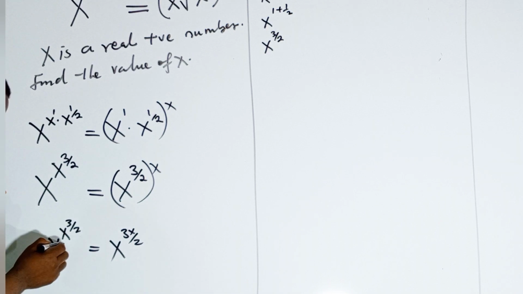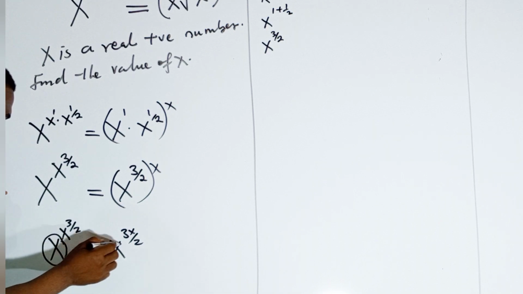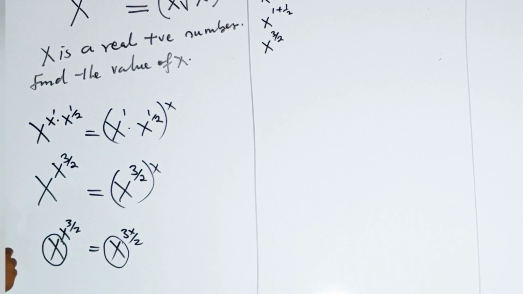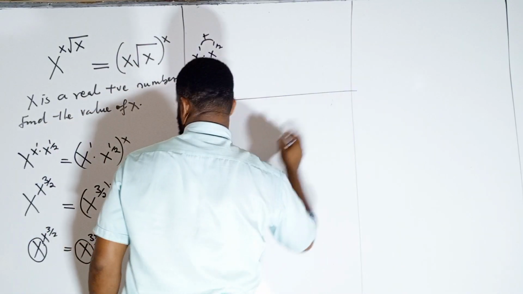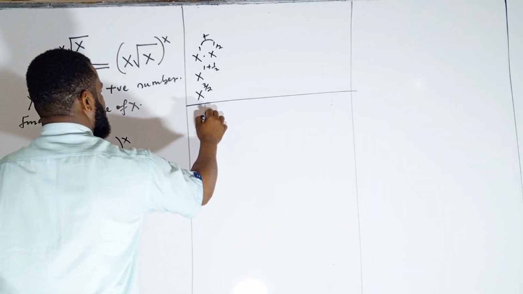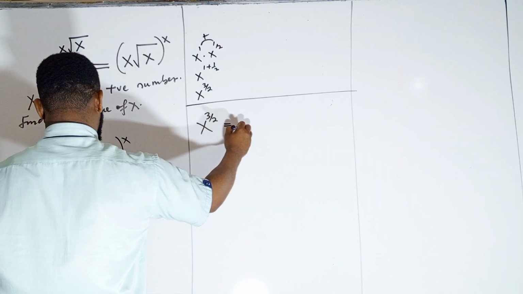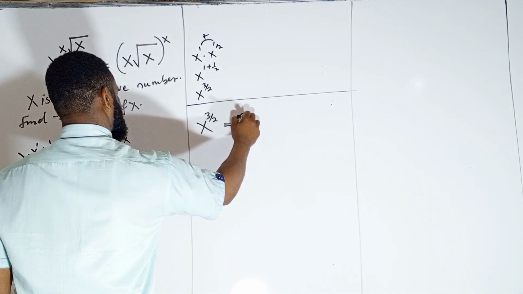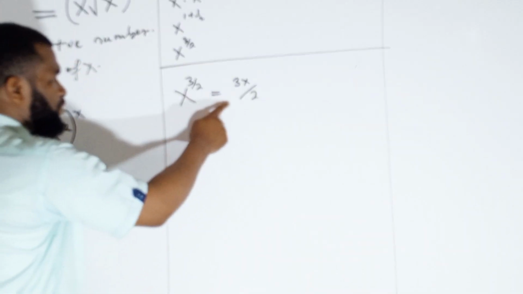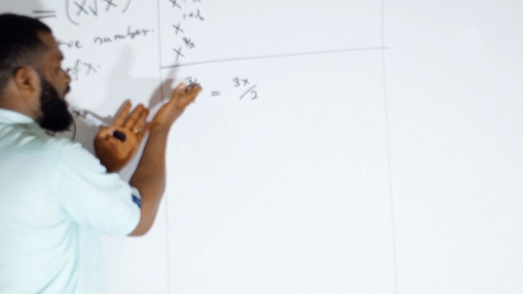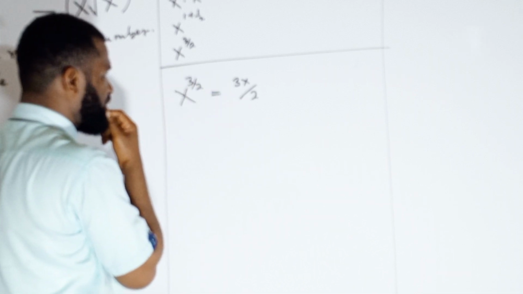Now that the bases are the same, their powers will be the same. So x raised to power 3 over 2 is equal to 3x all over 2.